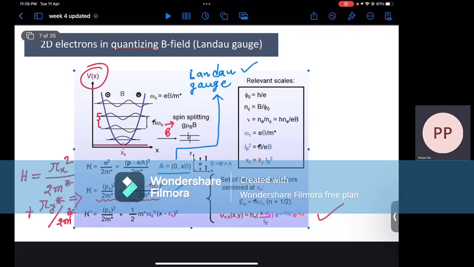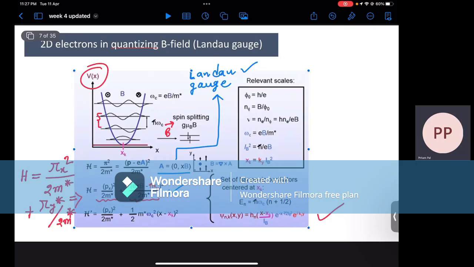So if I zoom into this portion, you can see under the application of a magnetic field, it's because of the spin splitting. Each one of these in the presence of a magnetic field will split into a spin up and a spin down level.